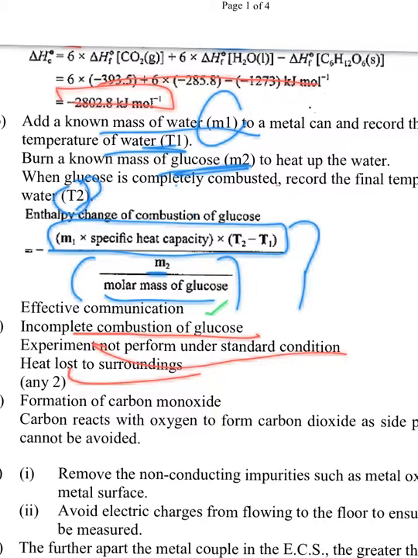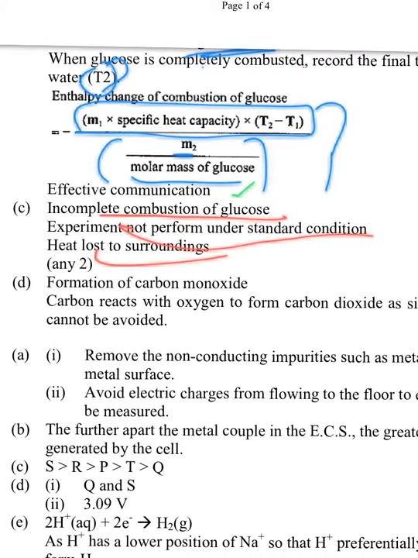And for part D, why we cannot directly measure, as used for enthalpy change calculation, because there will be formation of carbon monoxide. When you burn carbon, it may form carbon dioxide. You cannot neglect it. You cannot control it. So that's why we cannot use calorimetry for all reactions.